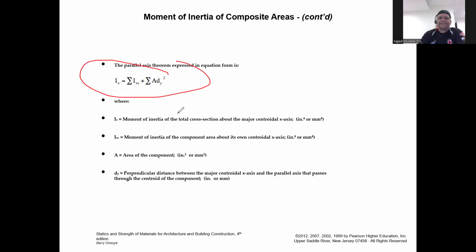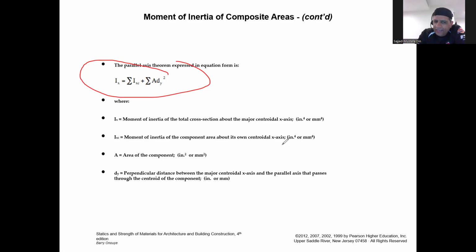So Ix is equal to the sum of Ixc from the centroid plus the sum of A dy squared, where Ix is the moment of inertia of the total cross-section around the major centroidal axis. Ixc is the moment of inertia of the component area around its own centroidal axis.